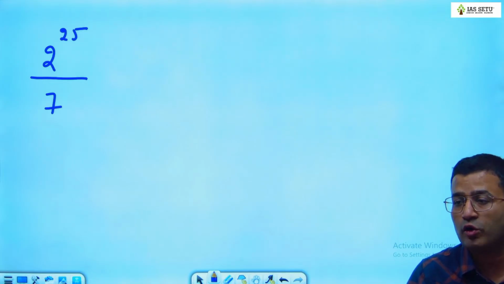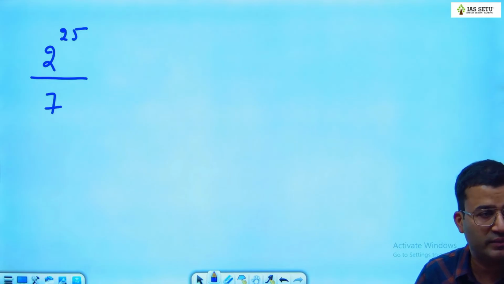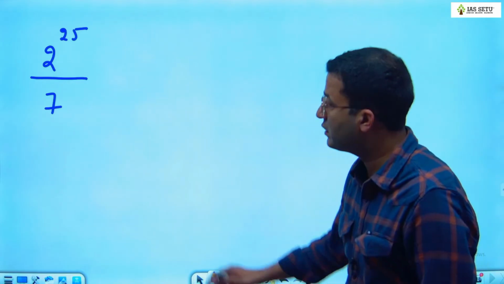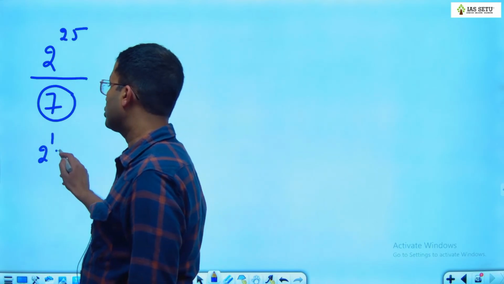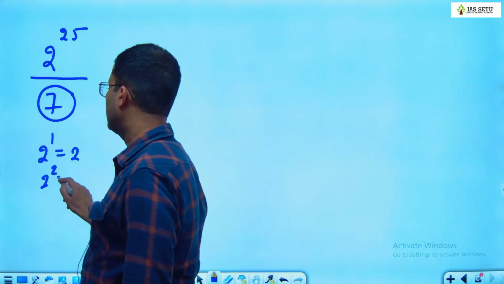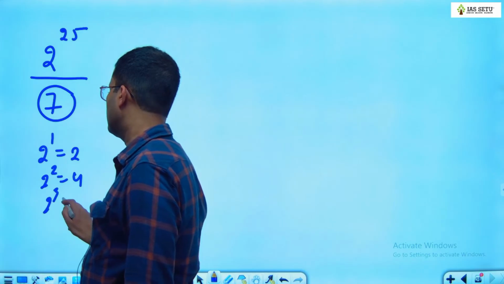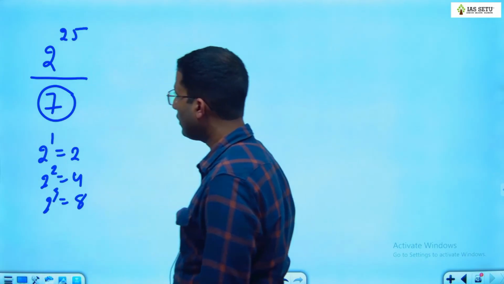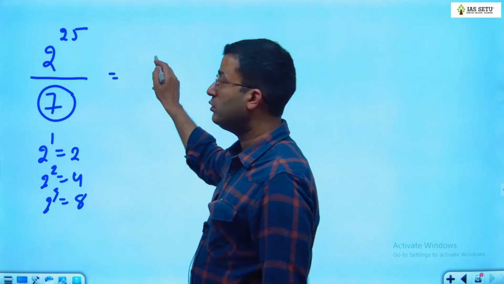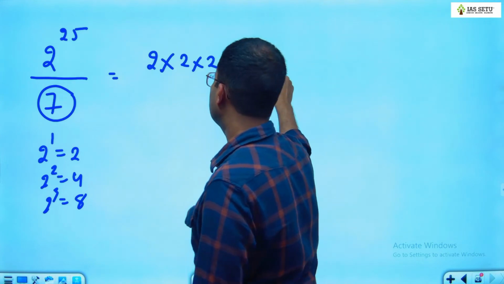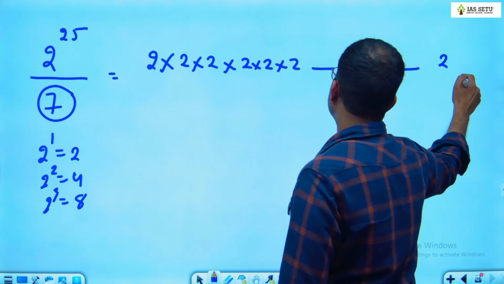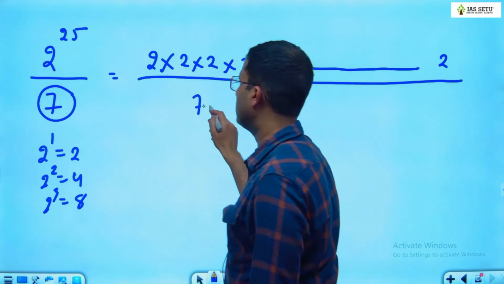See, it is not like the answer is always 1, but the concept remains the same. We focus on the denominator. 2 to the power 1 is 2, 2 square is 4, 2 cube is 8. This is 2 to the power 25: 2 into 2 into 2 into 2 into 2 into 2, 25 times, divided by 7.